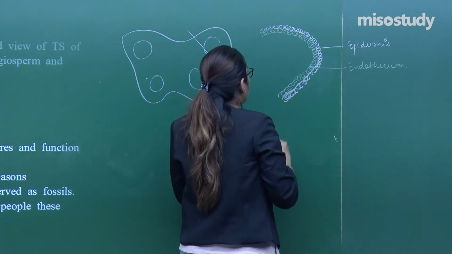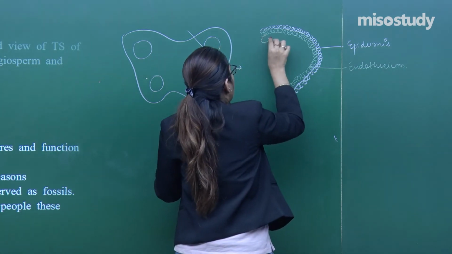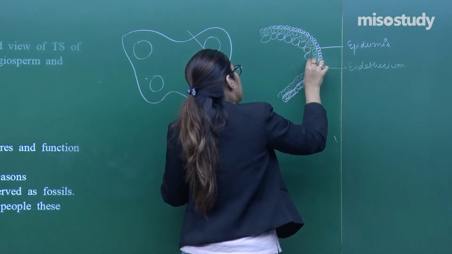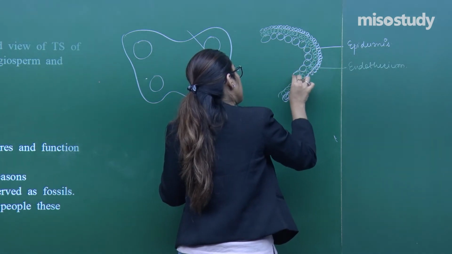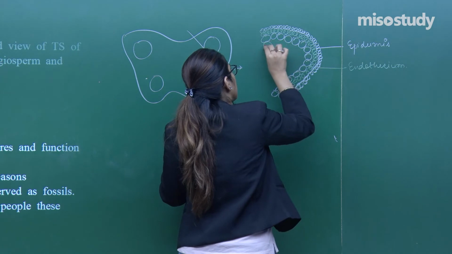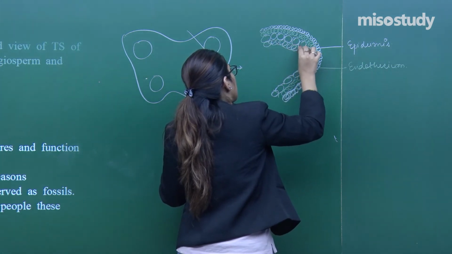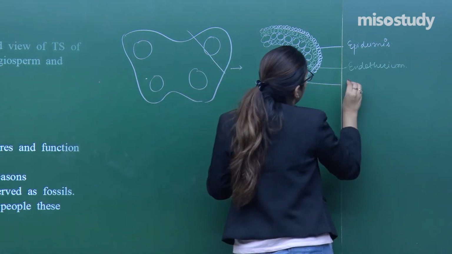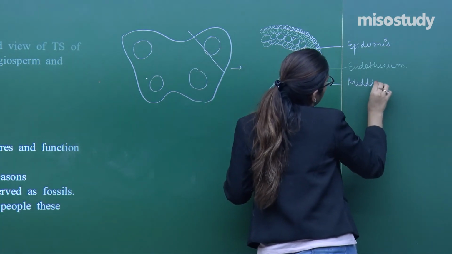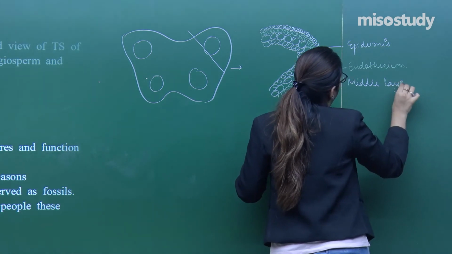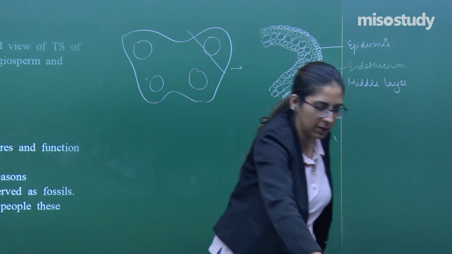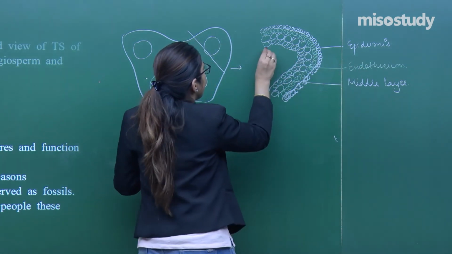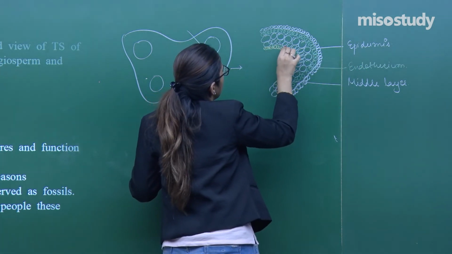After that, 2 to 3 layers of other cells are present, which we call the middle layer. Now, after that, one very important layer is present, which we call the tapetum, which provides nutrition.